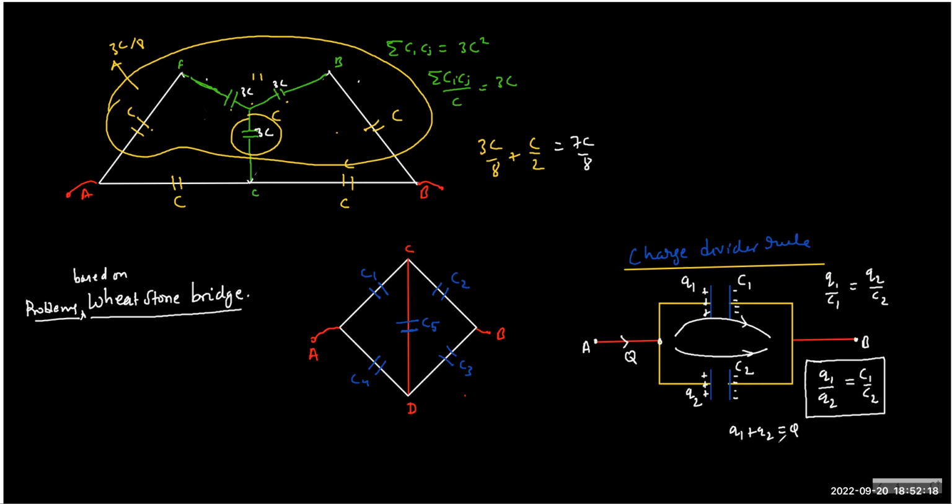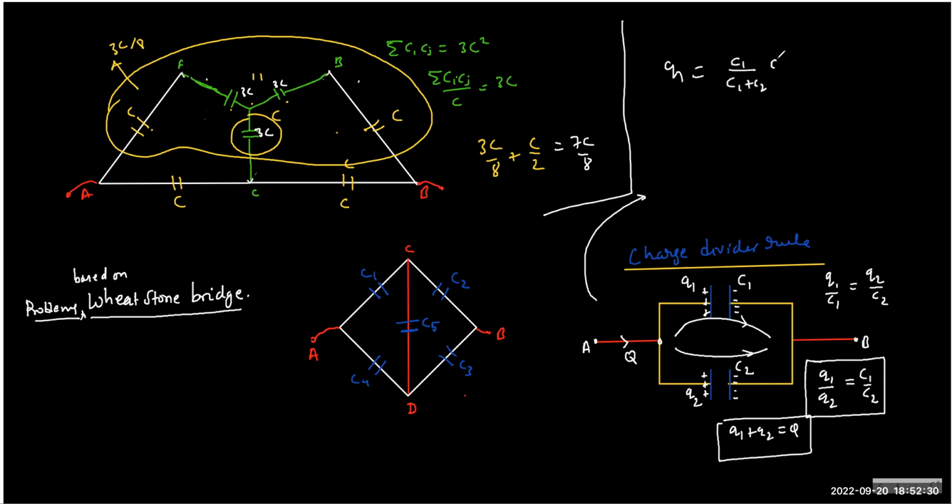So from these two equations, we can calculate the individual charge. So the Q1 will be how much? C1 upon C1 plus C2 times Q. And so the Q2 will be how much? C2 upon C1 plus C2. I hope this is clear.